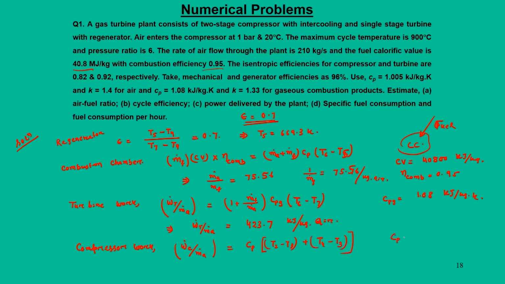Here you take Cp as 1.005 kilojoule per kg Kelvin, because the compressor handles only air. So, putting this number, we write W dot C by m dot A equal to 209.7 kilojoule per kg air.